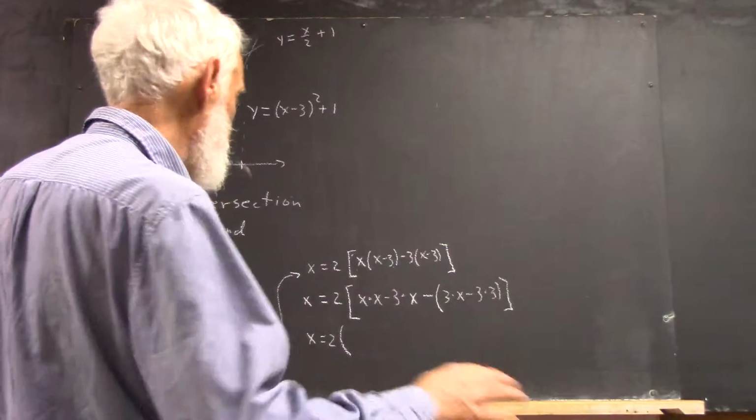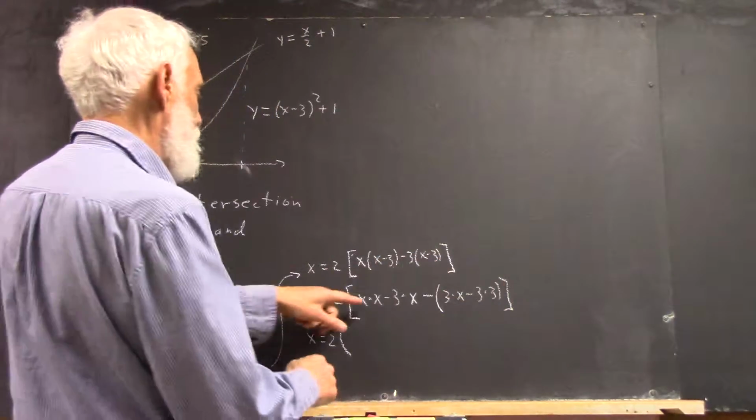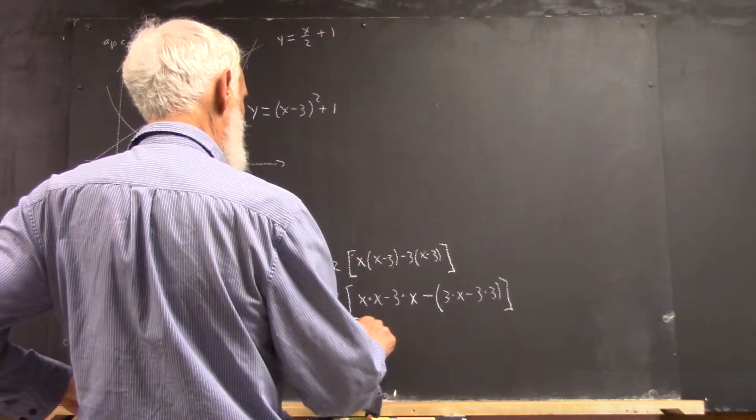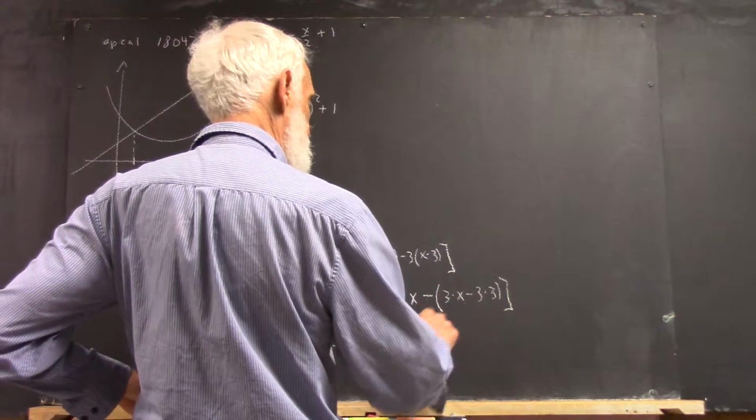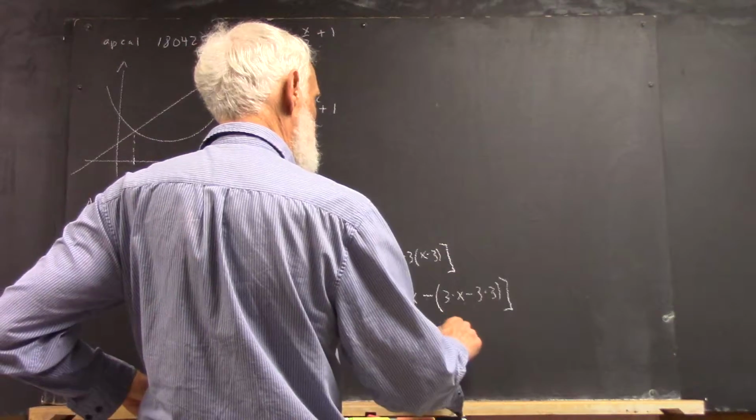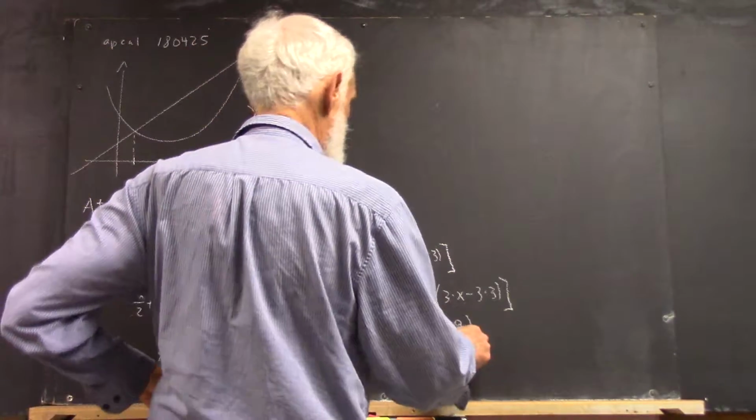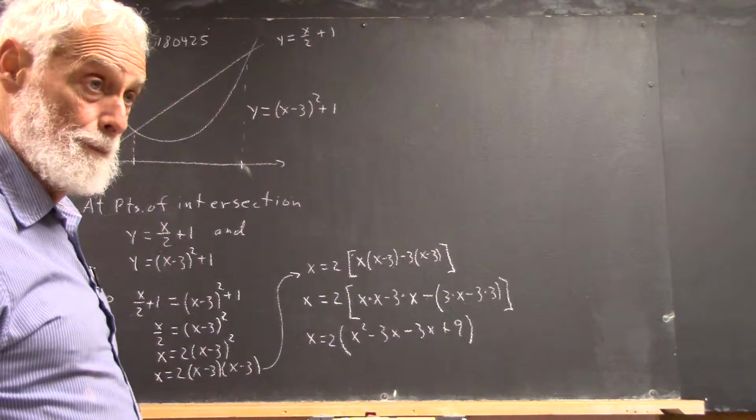Okay, now I don't need the big brackets anymore. X times x is x squared. Going to have minus 3x here. We're going to get a minus 3x here. And we're going to get a plus 9 here. Okay?